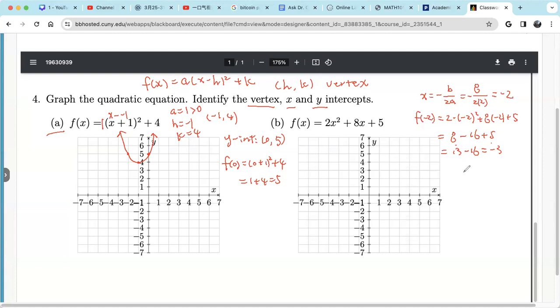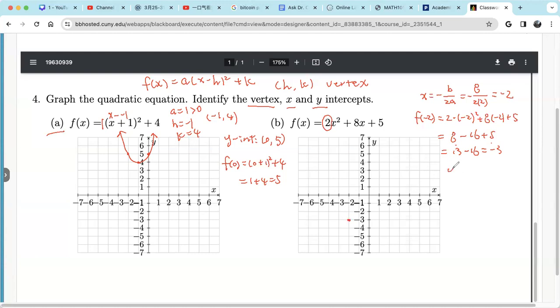So the vertex is -2, -3. X value is -2, Y value is -3. So the vertex is here. And it's an upward parabola because 2 is positive. Positive means it goes upward.